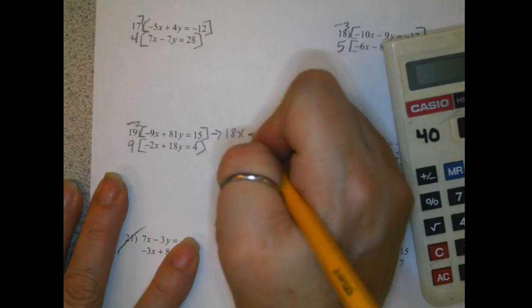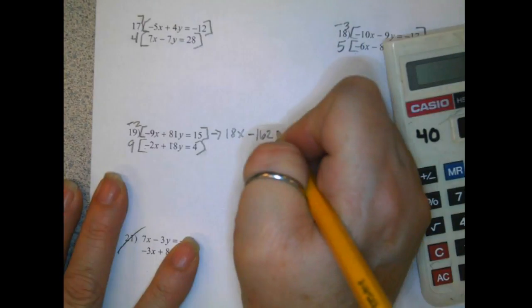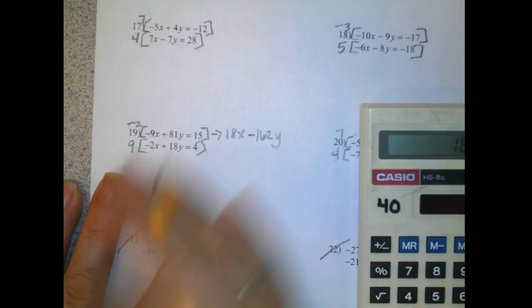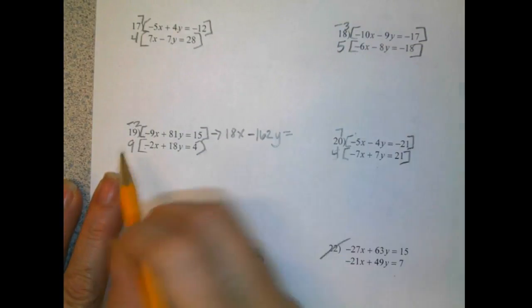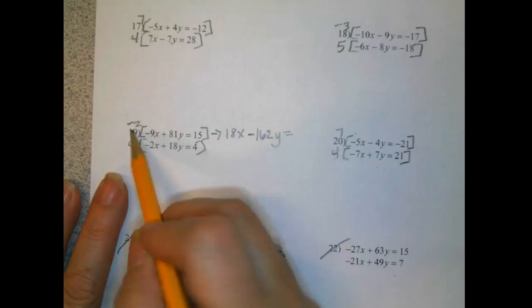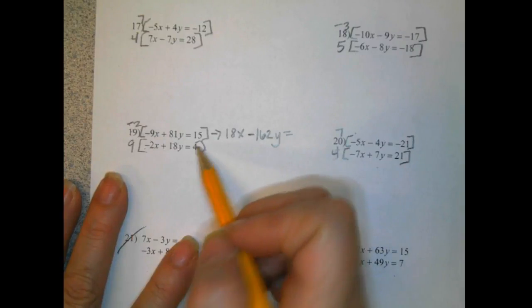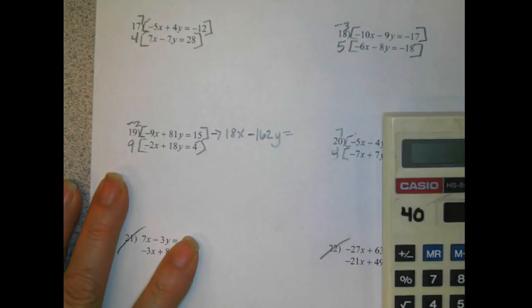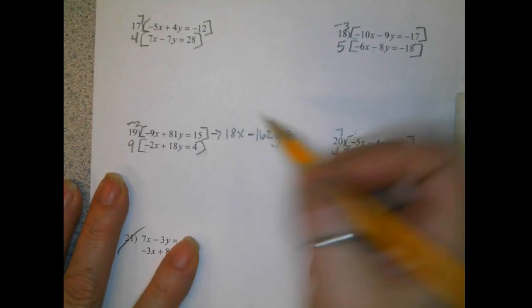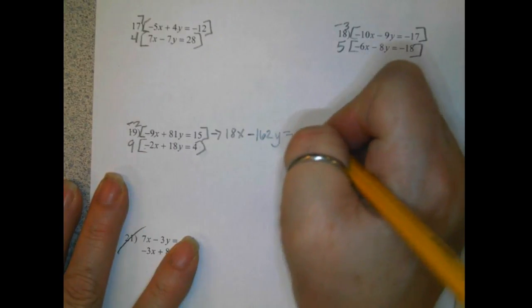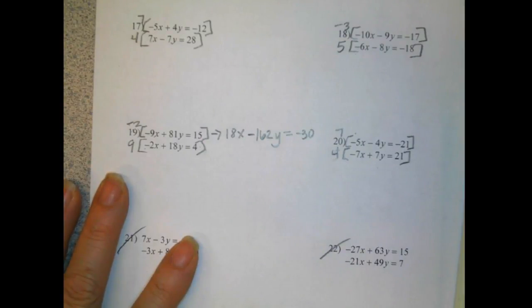So I'm going to have negative 162y. Negative 2 times a positive 15 is going to give me what? 15 times 2 is 30, but it's going to be a negative 30. It's going to have some big numbers in this equation, so I'm glad we did this one.